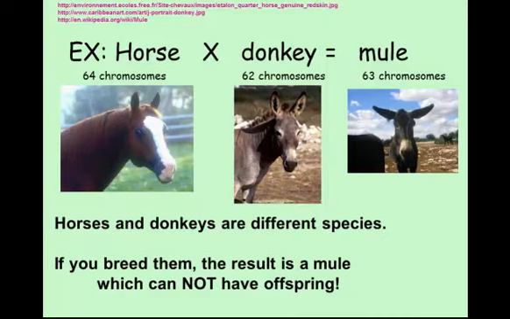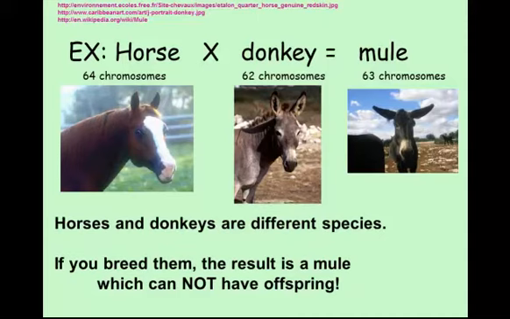And if you look, the reason that the mule is sterile, can't have kids, is they have an uneven number of chromosomes. Remember, when organisms do meiosis to make sperms and eggs, they have to match up their homologous chromosomes, and then when meiosis happens, each of those homologous partners goes to a different sperm or egg cell. If you look, horses and donkeys have different numbers of chromosomes. So 64 chromosomes in a horse and 62 chromosomes in a donkey.